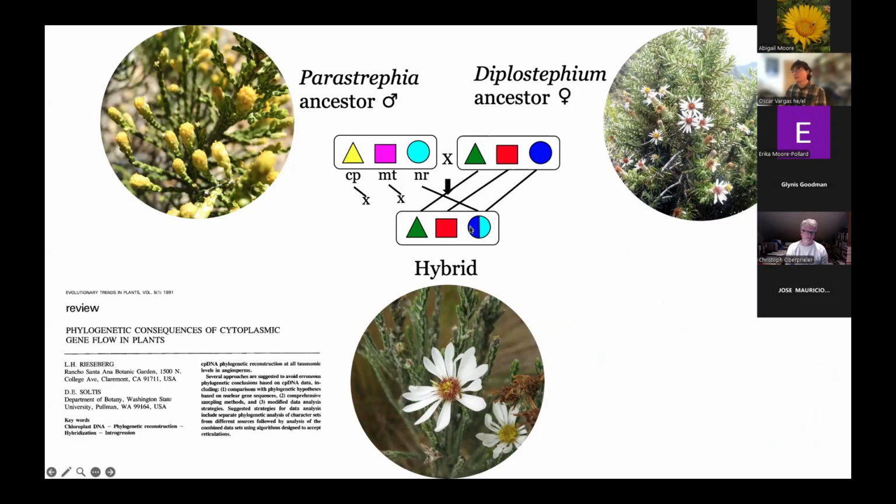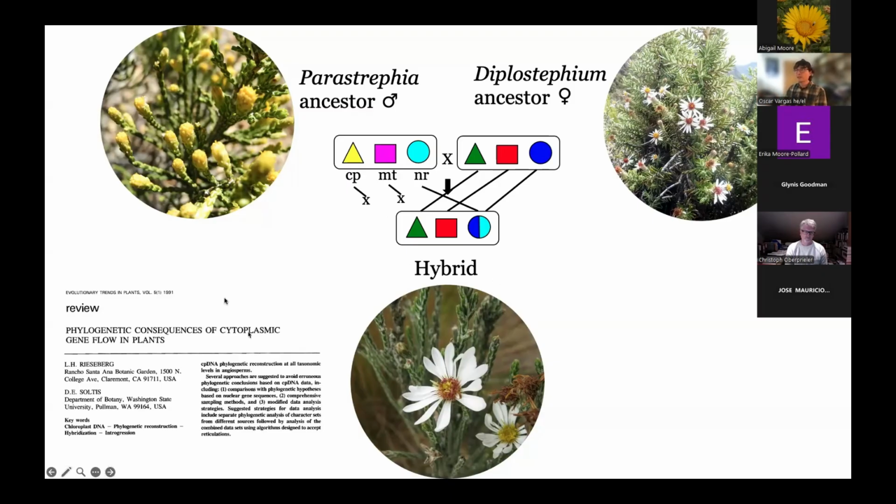What that means is that it's really the nuclear genome, which receives genetic information from both parents, that is going to have that signal of hybridization and a better signal to infer a species tree. And this is something that I describe in the paper a lot, and I basically say these chloroplast and mitochondrial phylogenies are basically gene phylogenies, which in this case, because of hybridization, we shouldn't trust as the history of speciation.